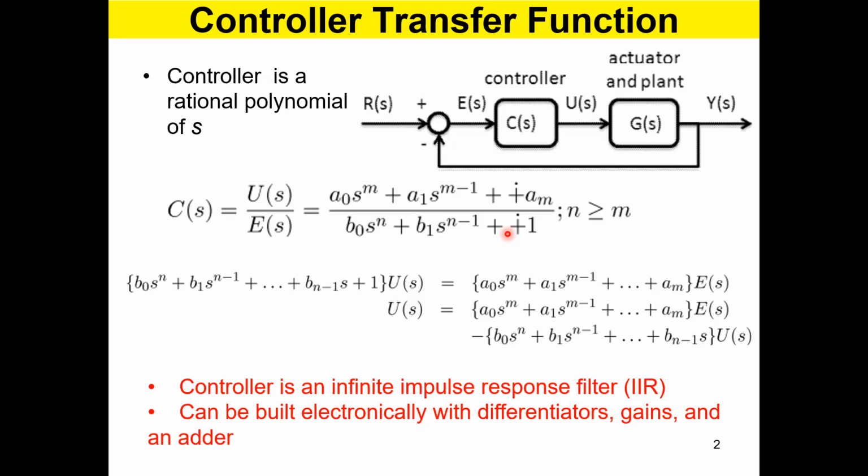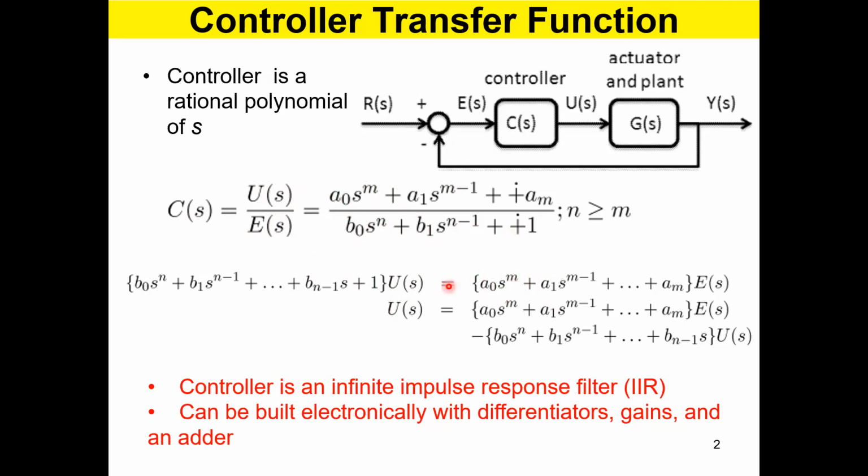To ease up the situation a bit further, I would cross multiply the controller equation like this. So U(S) multiplies with this denominator polynomial here, E(S) gets multiplied with the numerator polynomial here. Then it becomes like this.